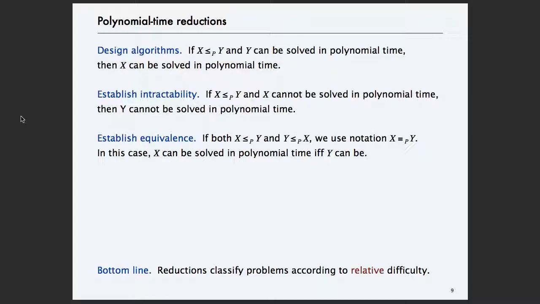Because if it was, then I could just transform and solve Y, and that would solve X in polynomial time, which would be a contradiction. And if they are both reducible to each other, we use the notation with triple bar. X is equivalent to Y, and they are the same. They're either both polynomial or both not polynomial.